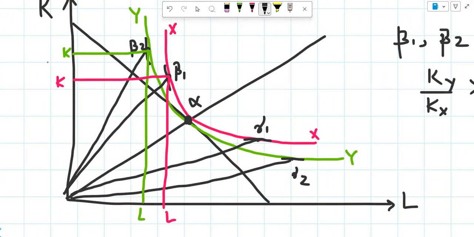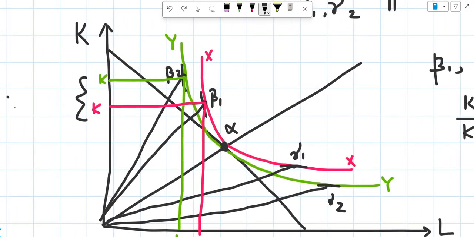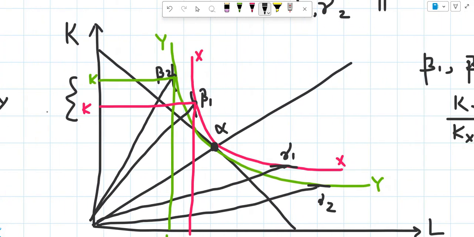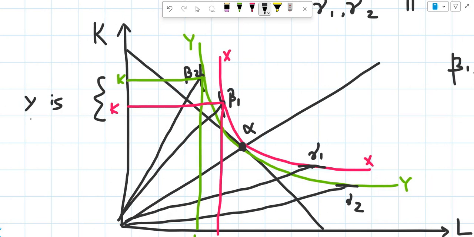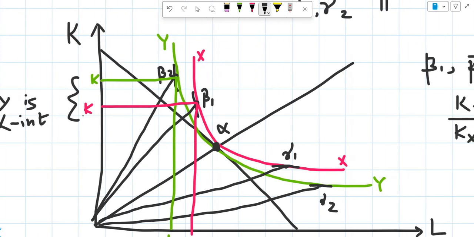So this section, the entire section above this part actually, is true for any 2 points you take here, provided the 2 black lines are parallel. These tell me that Y is capital intensive, right?